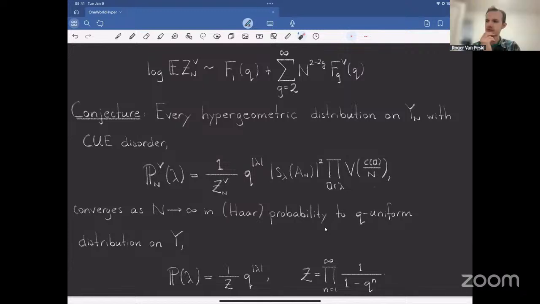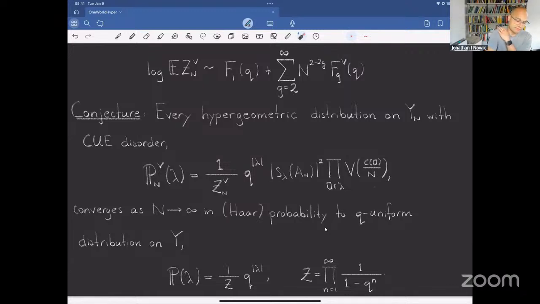At least at beta equals two, what's amazing from a more algebraic point of view is that what comes out of this are quasi-modular forms, which are associated with uniform distributions on Young diagrams. So things are matching up as they should. For just the Euler partition function, you get the Dedekind eta function, if I'm remembering correctly.